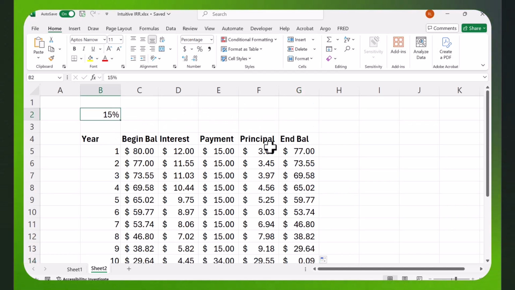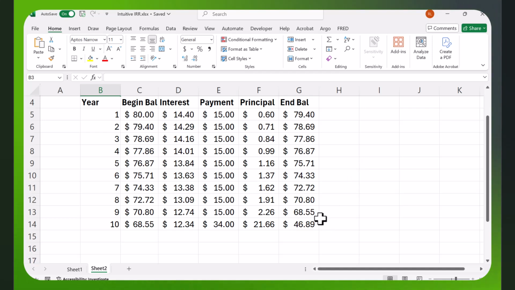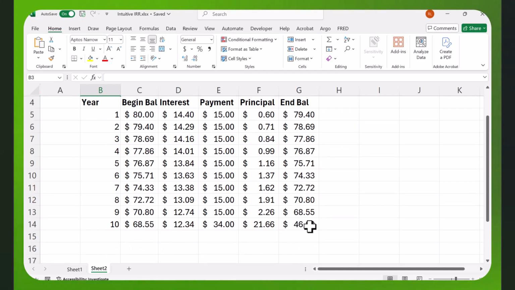So here, if the IRR were higher, what would happen? We'd still have a balance here. That is, we would have earned a lot of interest here, and we would have a positive NPV.